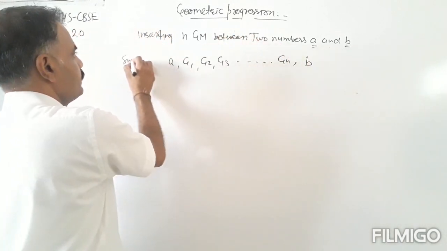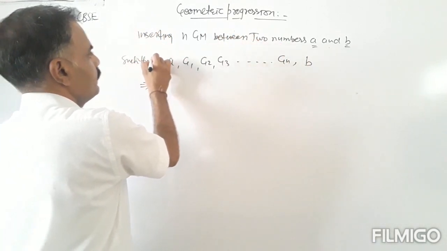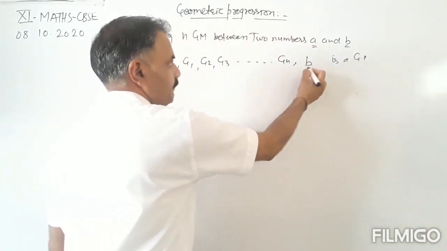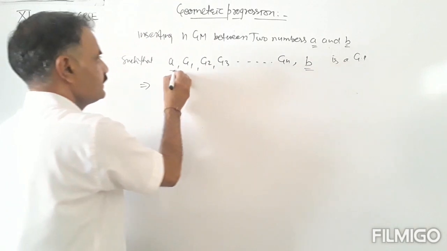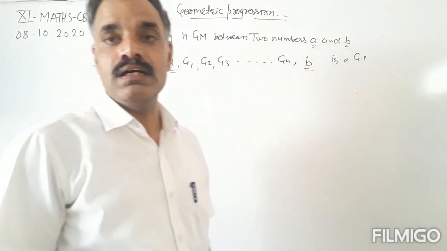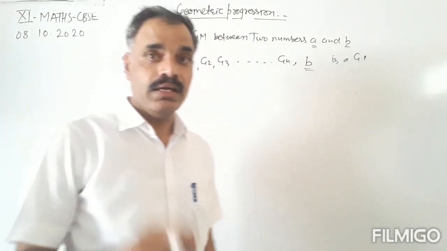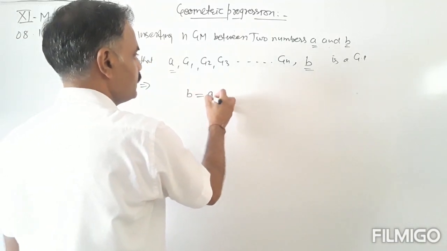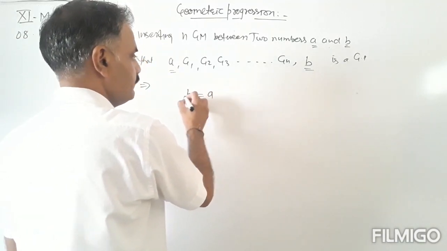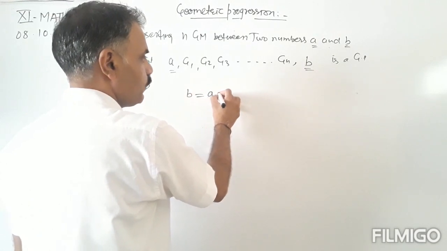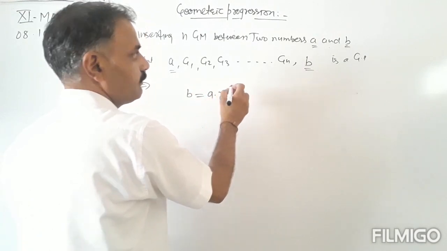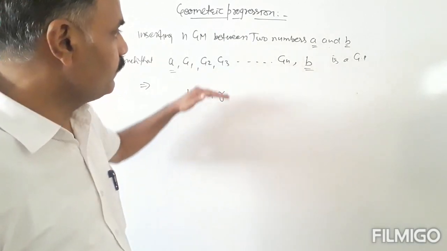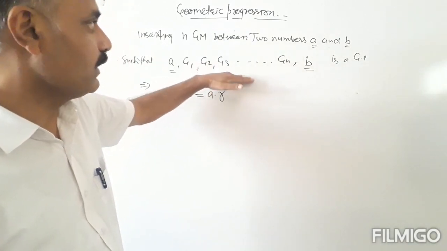Here b is the last term and a is the first term. So last term is equal to first term into common ratio to the power, how many total terms are there?